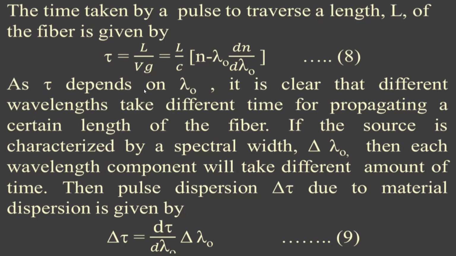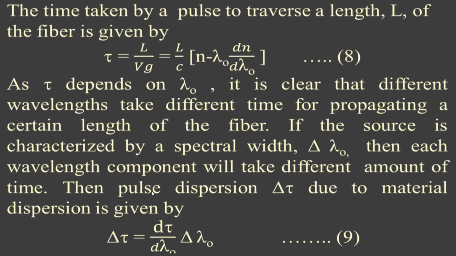As tau depends on lambda naught, it is clear that different wavelengths take different time for propagating a certain length of the fiber. If the source is characterized by a spectral width delta lambda naught, then each wavelength component will take a different amount of time.